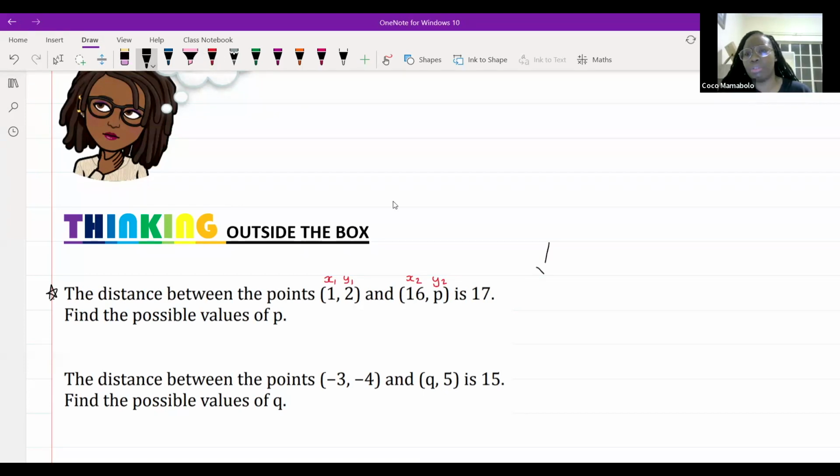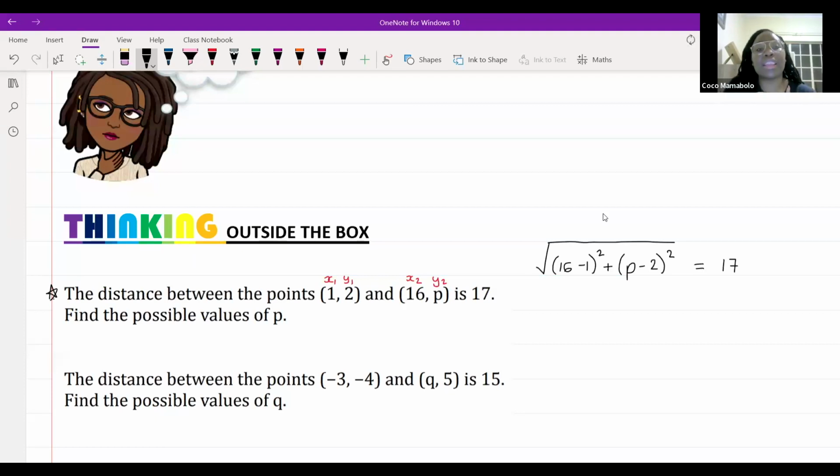I would go the square root of x2, which would be 16 minus 1 all squared, plus, now my y2 in this case is p, so p minus 2 all squared. And all of this would equal how much? If I had to find the answer, what would my answer come out as in the end? Equals 17. Good, Hulani, that's it, princess.